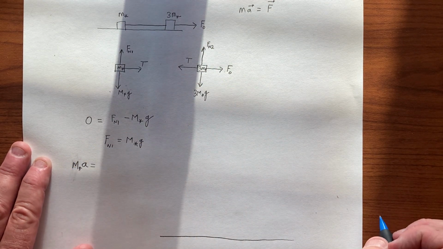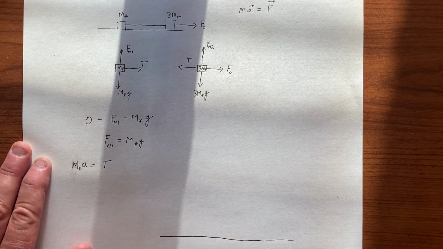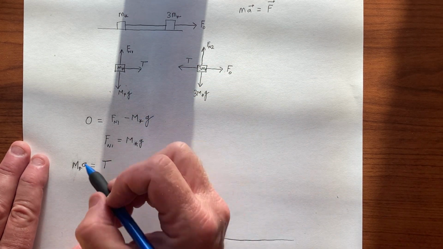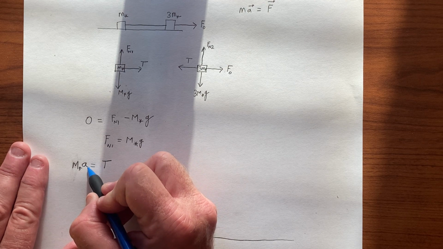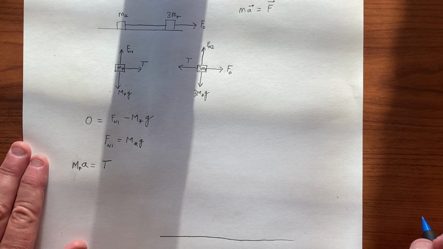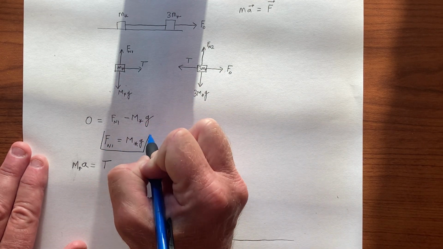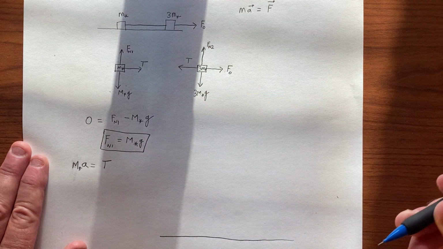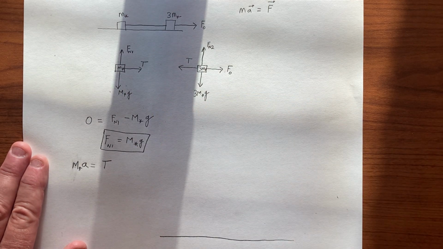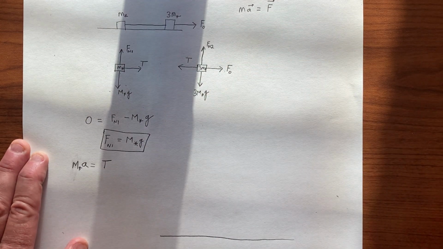So we have m star a is equal to, in this case, there's only a tension force. And so that equation has two unknowns, the acceleration in the horizontal direction and the tension force. So the information here must come from the other equations.